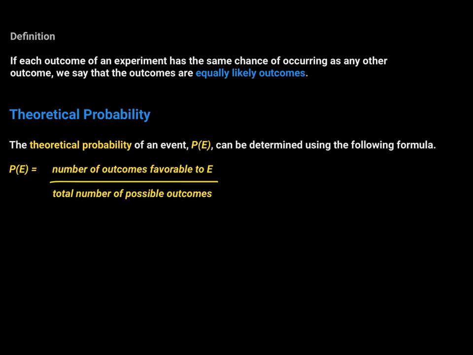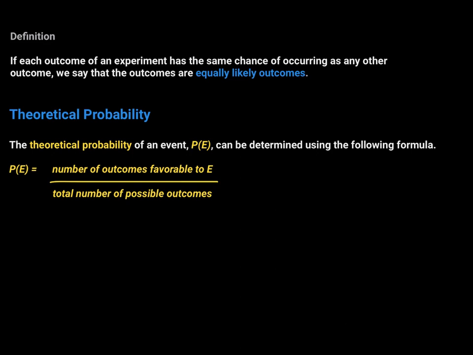When we draw a single card from a standard deck, there are 52 different cards that can be drawn. Since the chance of drawing any one card is the same for all 52 cards, these are equally likely outcomes. Now we have a formula for calculating theoretical probability.